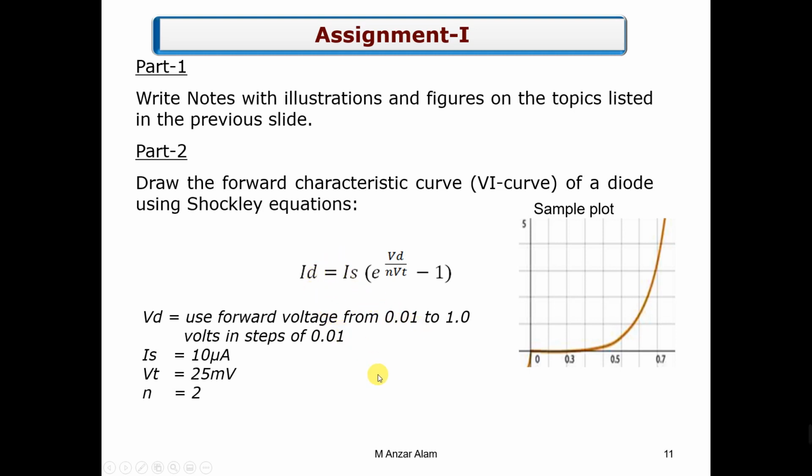So make two columns, one column for the voltage and the second column for the calculated current, which you can determine from this equation. Take the constant value as 10 microamps, Vt thermal voltage as 25 millivolt, and N equal to 2.